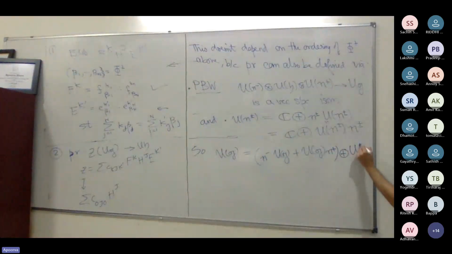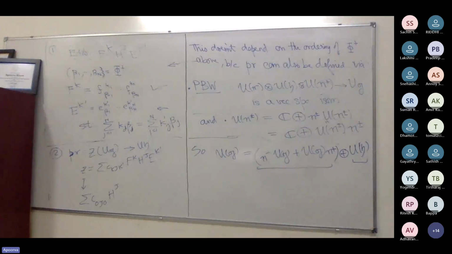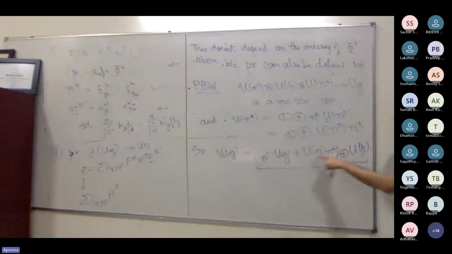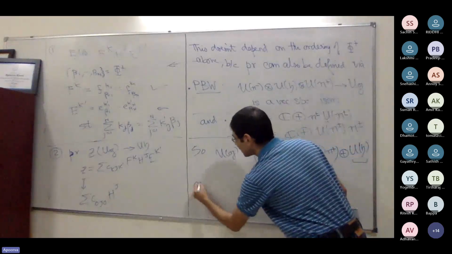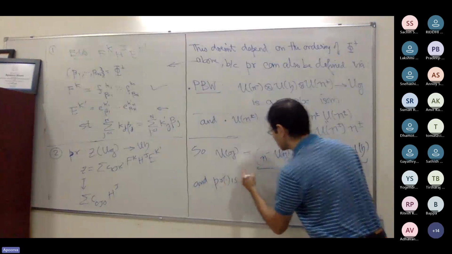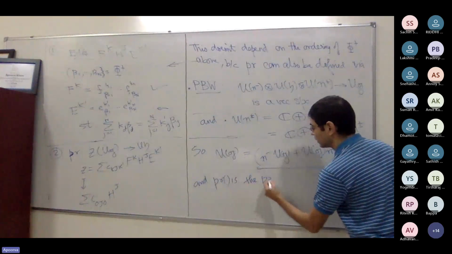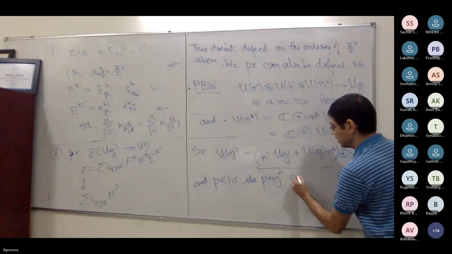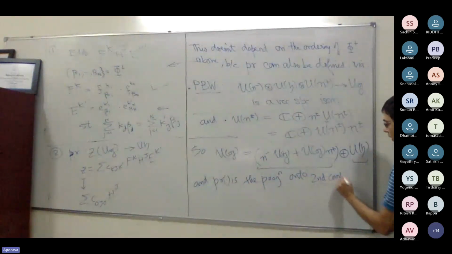So UG is this big thing and UH, so there's a natural vector space complement to UH inside here. And now the projection map is simply the projection onto this second component.